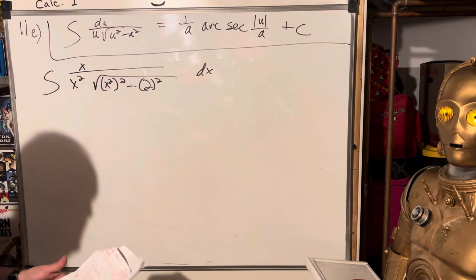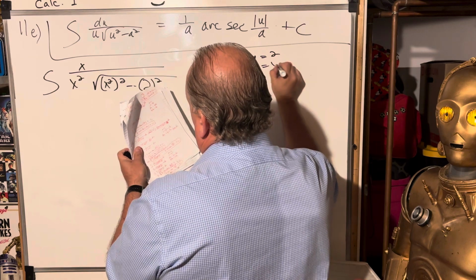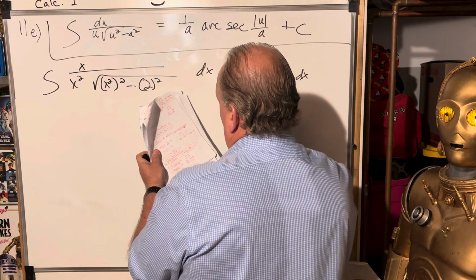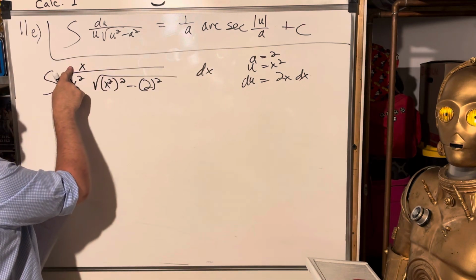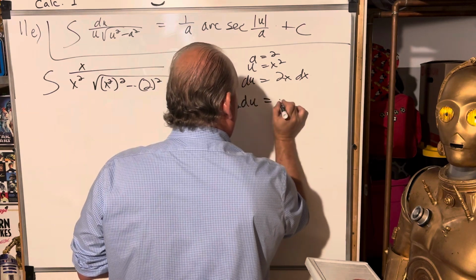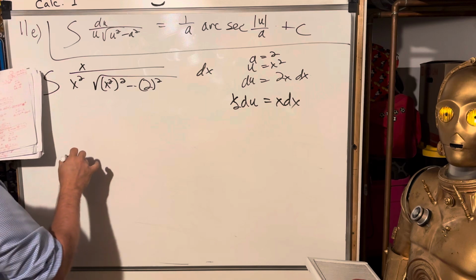Okay, so a is equal to 2. U is equal to x squared. Du is equal to 2x dx. I don't have an x dx, so they weren't as nice on this one. So 1/2 du is equal to x dx. So I gotta put a 1/2 out there.